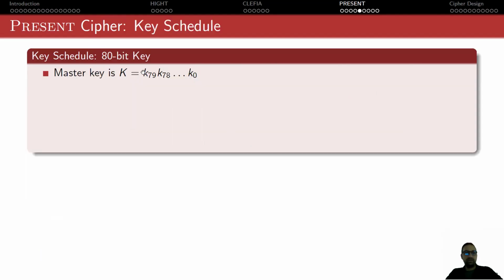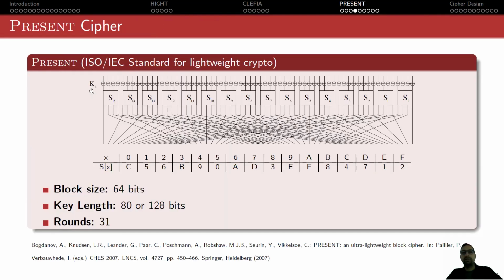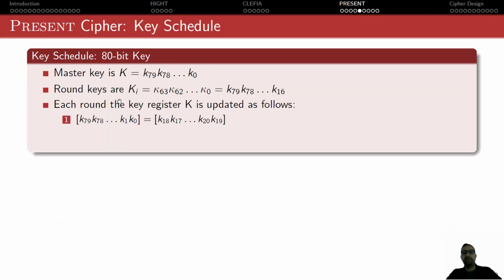So let me show you the key schedule. The 80-bit key schedule works like this. You keep the 80-bit key as a register here. Then the leftmost 64 bits of this register are considered the round key. So initially, here you are XORing with the leftmost 64 bits of your master key. Okay. Then you perform some operations on this 80-bit register.